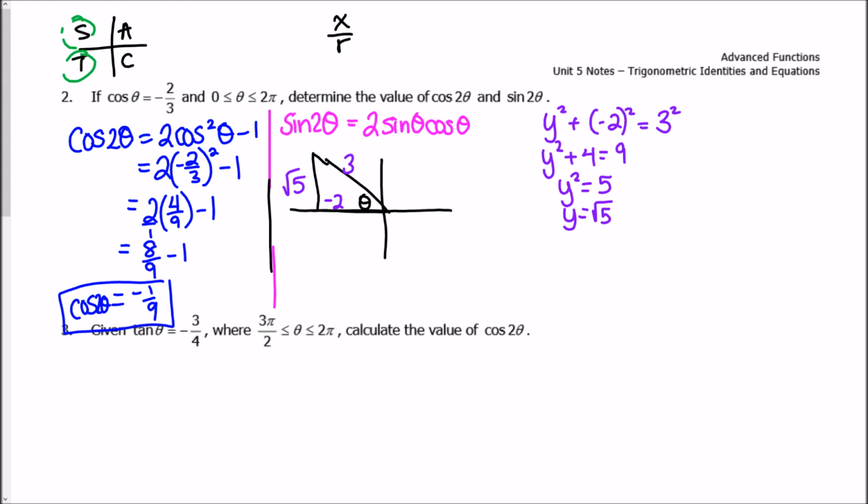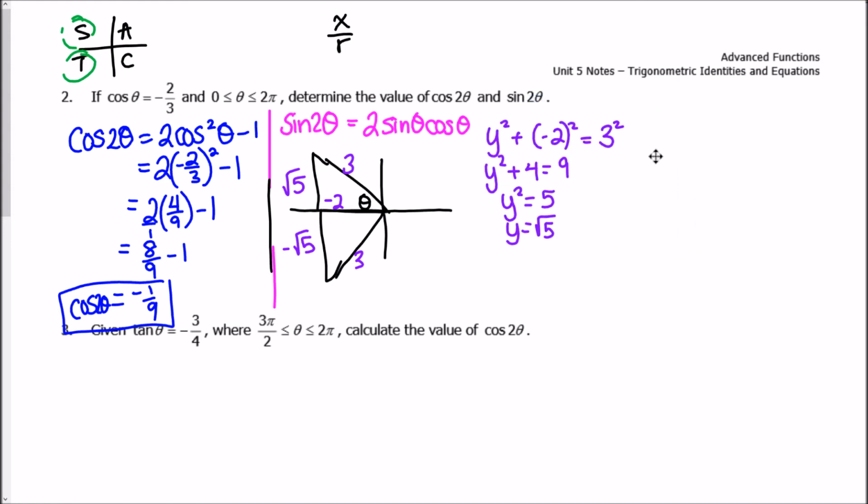But it's also possible for us to have our triangle down here. And if that's the case, then this y value is negative square root of 5, because everything else is staying the same. So in order to figure out what sine of 2 theta is going to be, all I need to do is identify what sine of theta is.